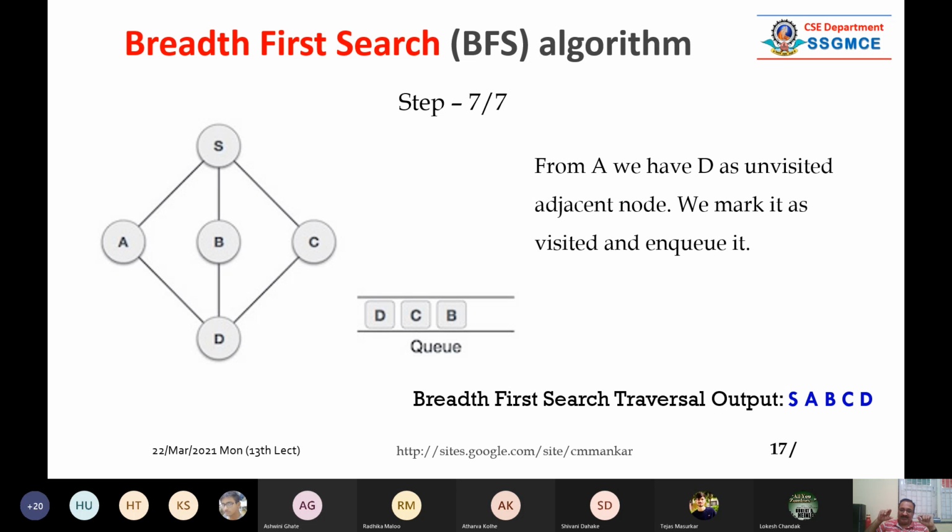Please note this thing, we have reversed the content of the queue, so we have written it like A B C D. So in blue color I have written it. So this is called the traversing. So this is something called a path, traversal path.